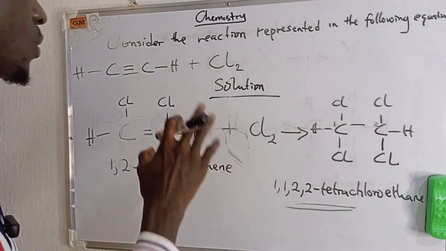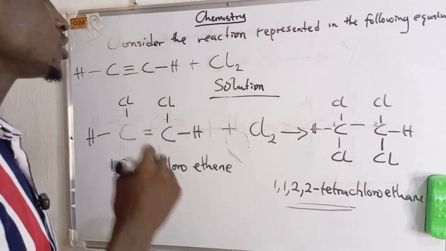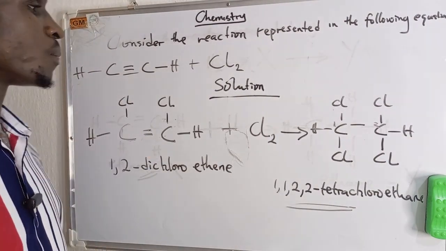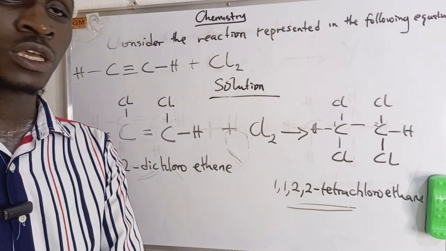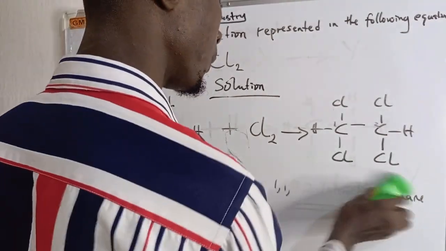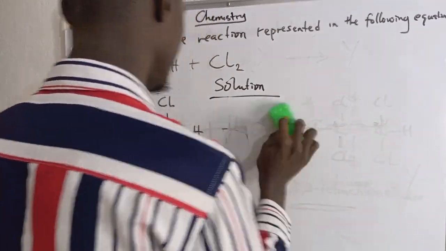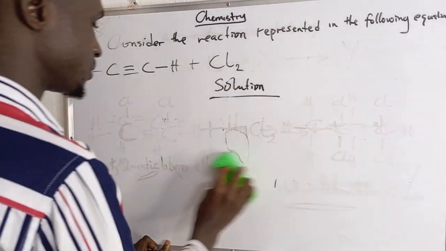Okay. Now, the next thing we are going to look at is the addition of hydrogen halide. Hydrogen halide is when hydrogen is in compound with what? A halogen. Let's give an example using hydrochloric acid, or let's say hydrogen chloride gas, whichever one.